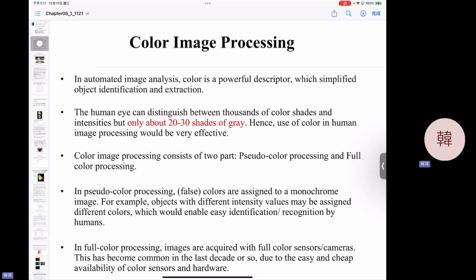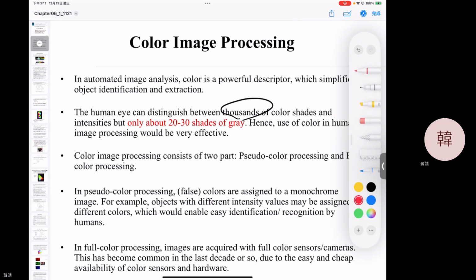Your eyes can actually distinguish thousands of colors. But if I change to grayscale, your eyes can only distinguish about 22 shades of gray.